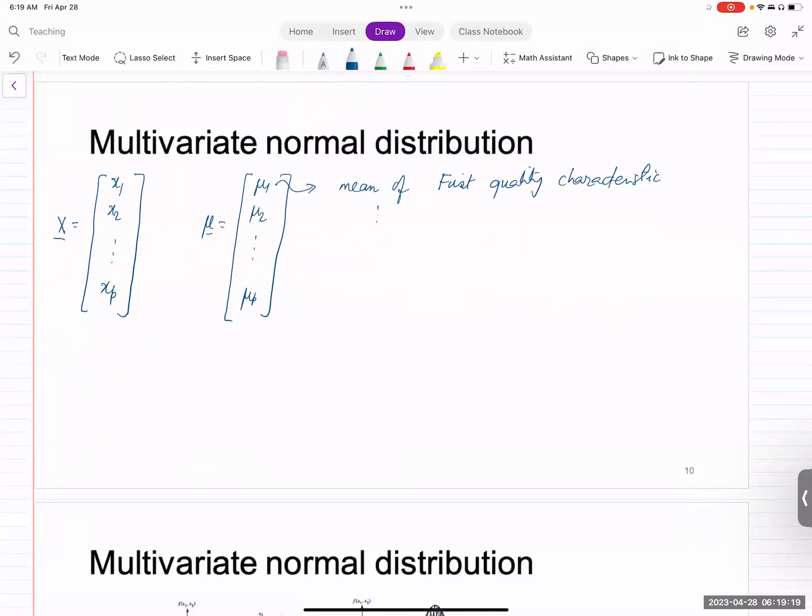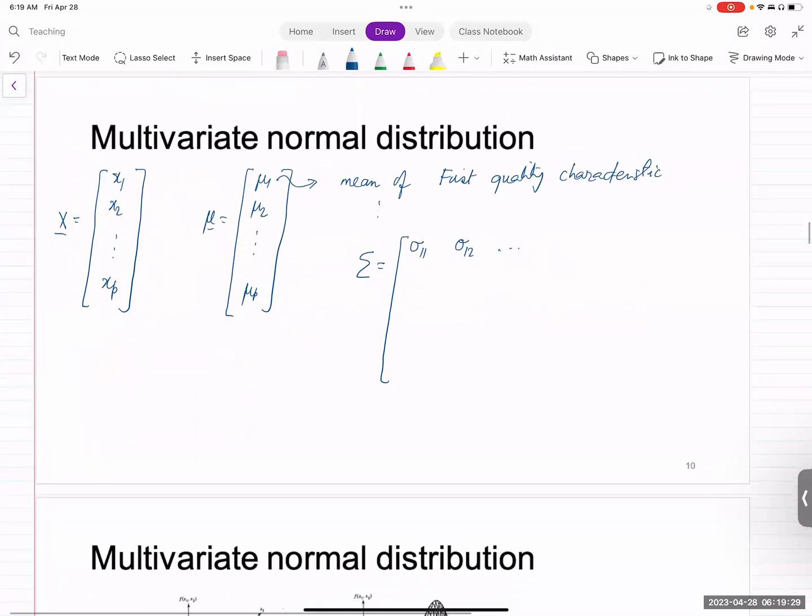You also have another thing here, which is the sigma. Sigma matrix is basically sigma 1,1, sigma 1,2, up to sigma 1p, sigma 2,1, sigma 2,2, sigma 2p, and then dot, dot, dot, you have sigma P1, sigma P2, sigma PP. Now, there is some structure to this matrix that you would want to keep in mind.